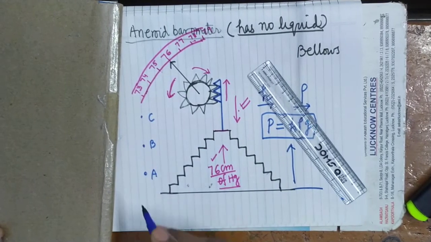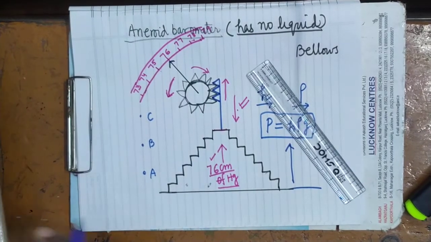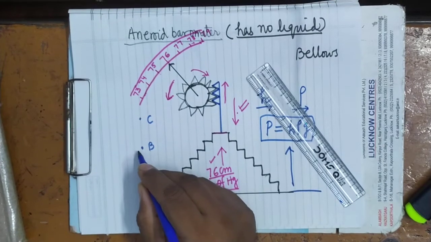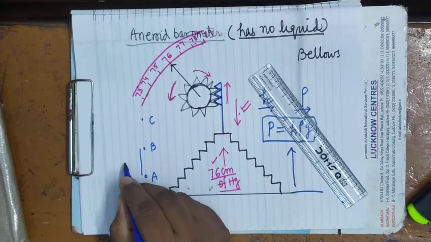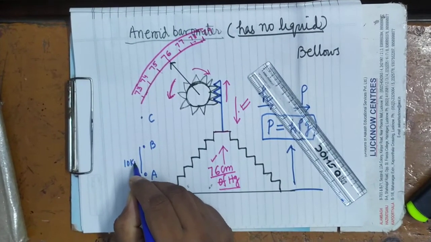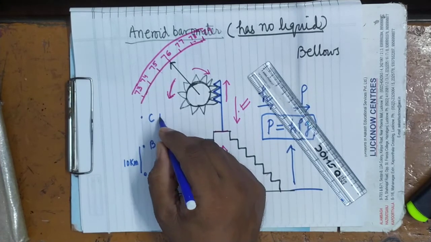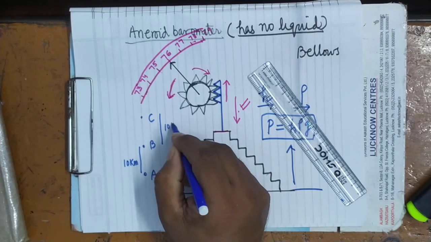It's clear. Suppose the density of air is, I have taken some arbitrary value, and these places are at 10 kilometer height. In between A and B, what is the gap? 10 kilometer. B and C are also at the same gap.